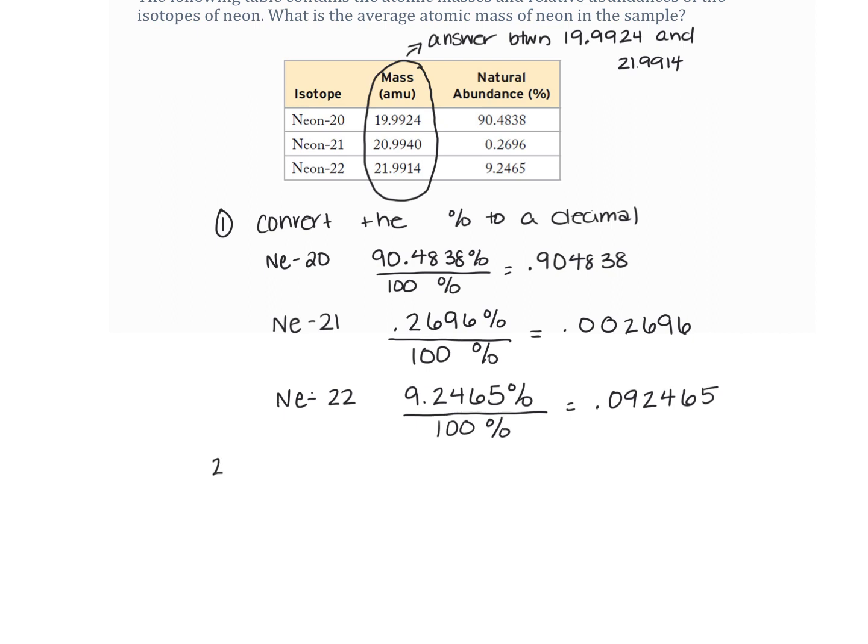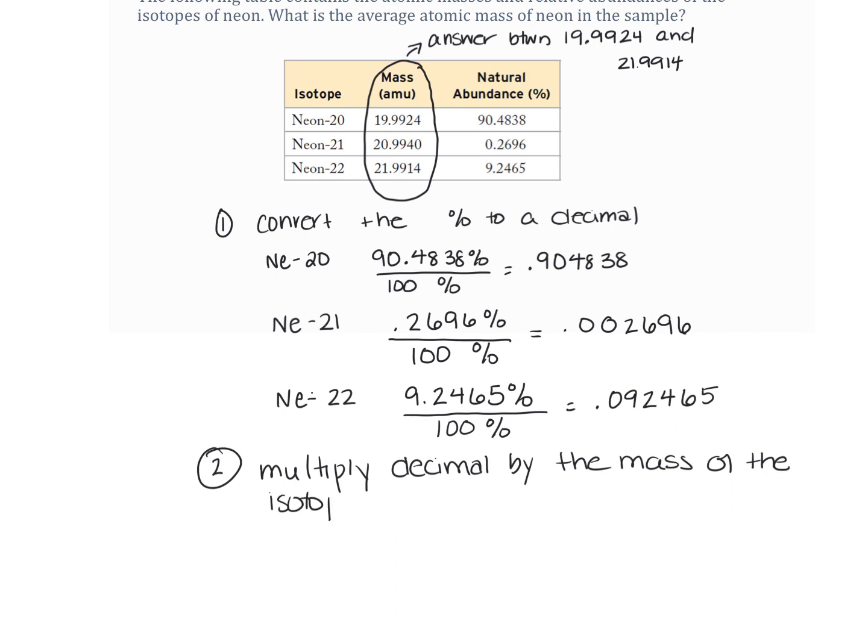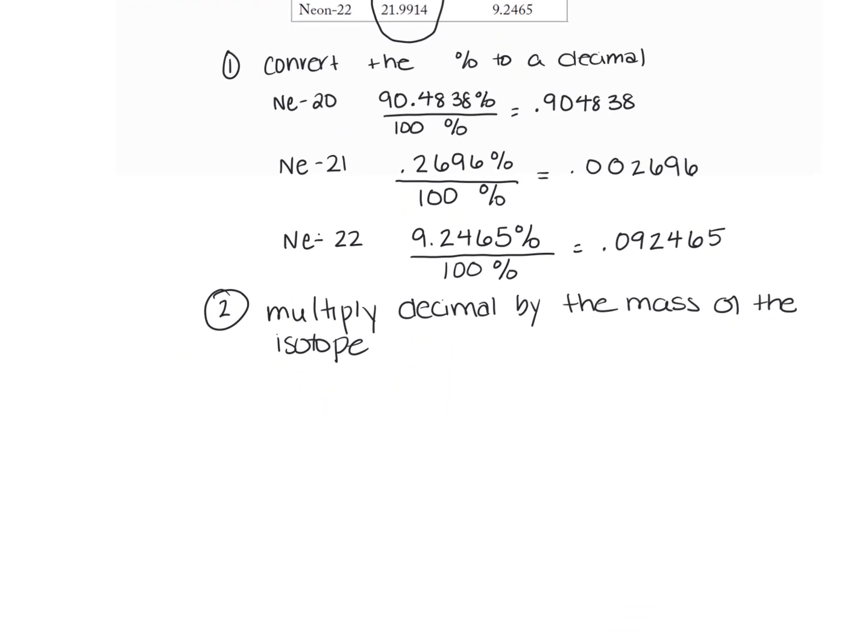The second step is we need to multiply the decimal by the mass of the isotope. So when we come here and do that, we're going to go back and look at the number that's circled in the middle of the column.